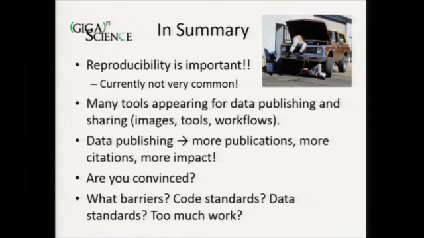This has been mentioned by various people in various workshops today. There are many tools appearing, and we're trying to develop some, but there are plenty of others, for publishing your data, your images, your tools, your workflows, and for sharing those. The incentive is that data publishing contributes to more publications as well. You get more citations and more impact.